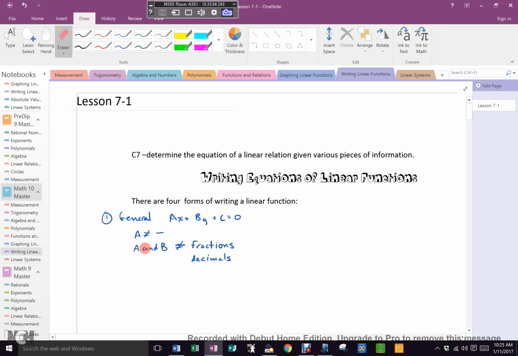Okay? You know what? A, B, and C can't be fractions, can't be decimals. Everybody cool? And A is the only one that has to be positive. B and C can be negative, but only A has to be positive. Everybody good?